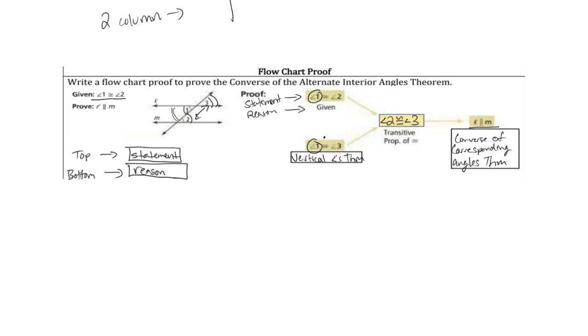That tells us that if we have corresponding angles that are congruent, then line L and M are parallel. So we can prove alternate interior angles theorem by using the converse of corresponding angles theorem. But this was more or less to show you how a flow chart works.